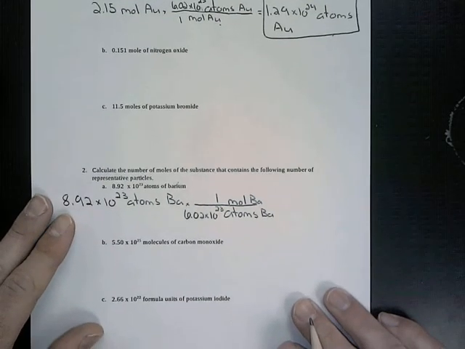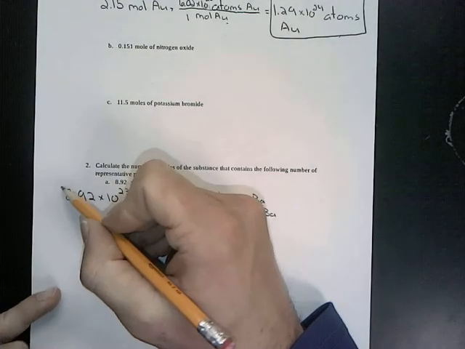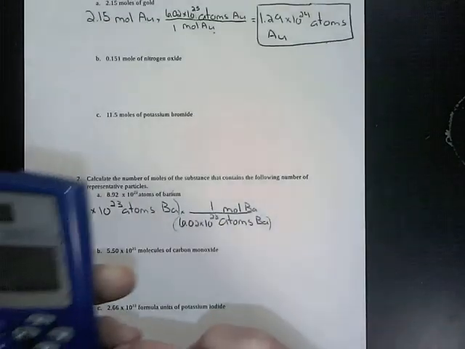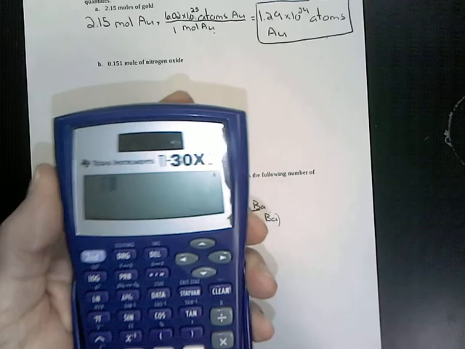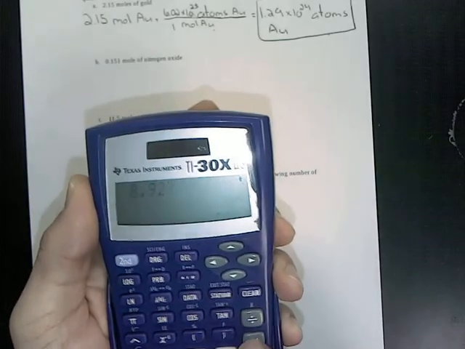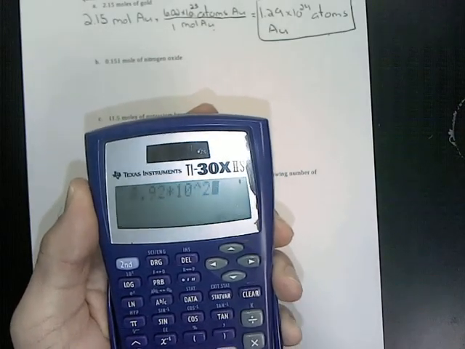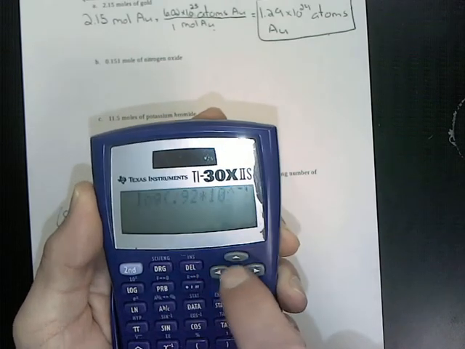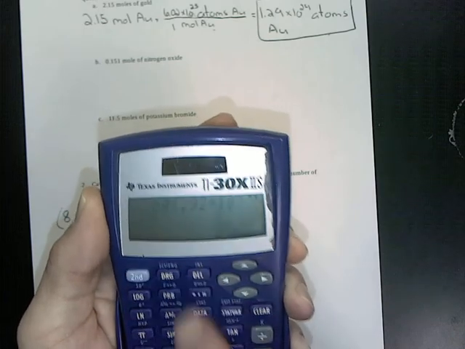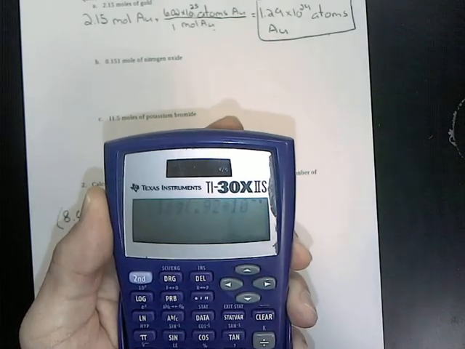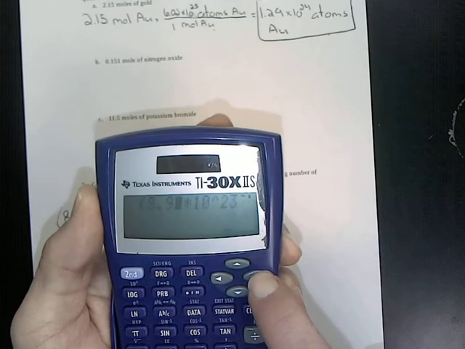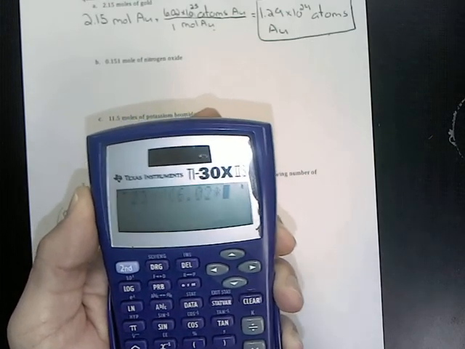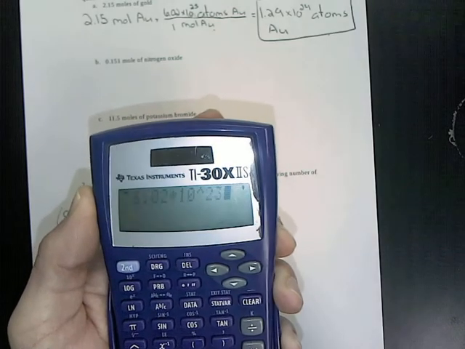So that means 1 mole is equal to 6.02 times 10 to the 23rd. So what we need to do is this. First off, we make sure we have parentheses around our scientific notation, and we put this in our calculator: 8.92 times 10 to the 23rd, divided by 6.02 times 10 to the 23rd.